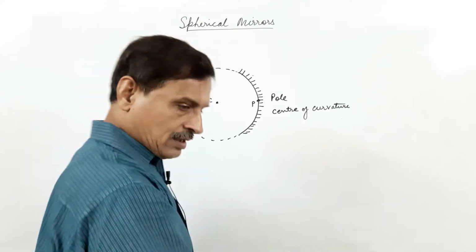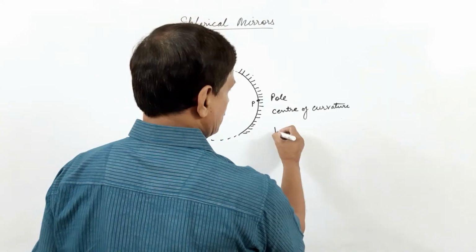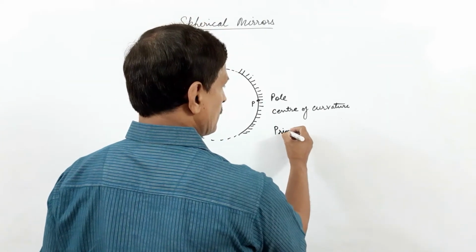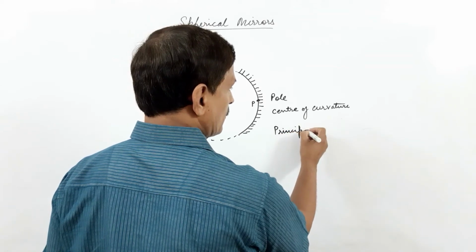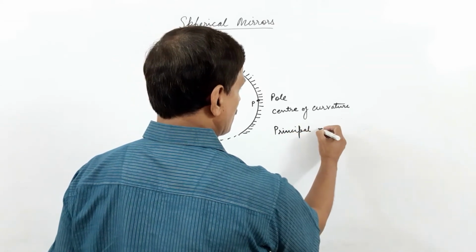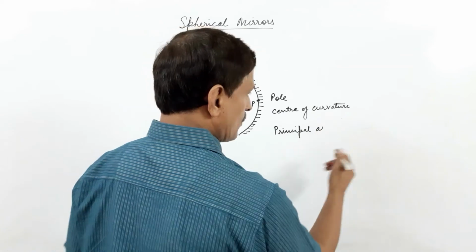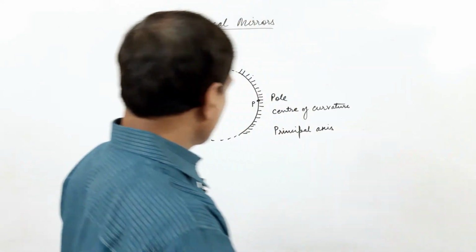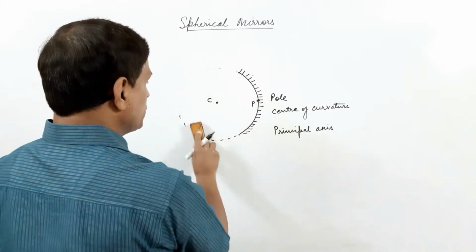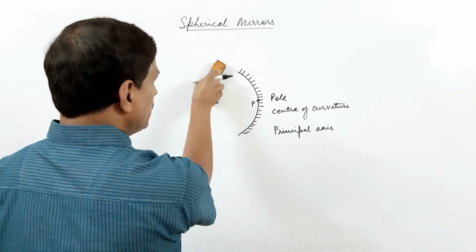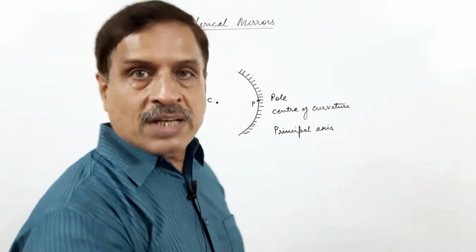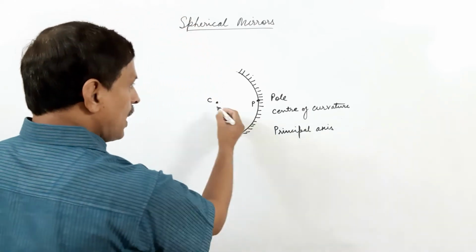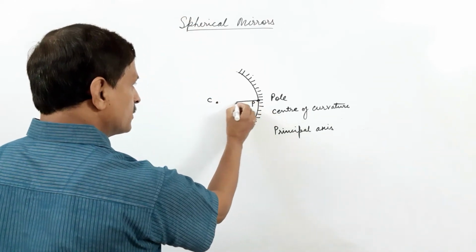Next one is the principal axis. It is a line passing through the pole and center of curvature.